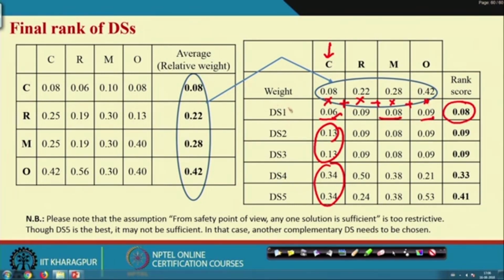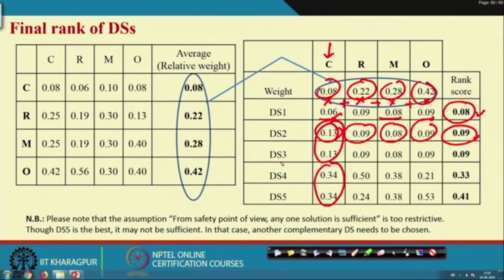So, DS1's score is 0.08. Same thing for DS2: 0.08 multiplied by 0.13 plus 0.22 multiplied by 0.09 plus 0.22 multiplied by 0.08 plus 0.42 multiplied by 0.09, it will be 0.09.